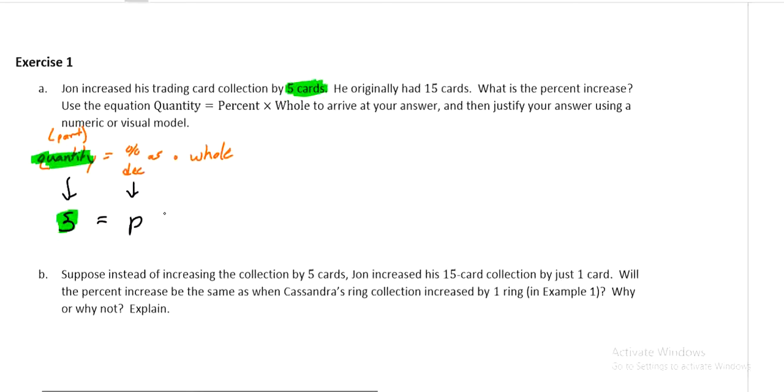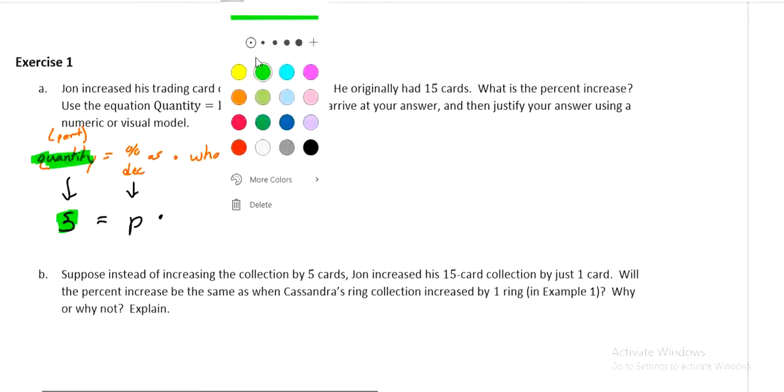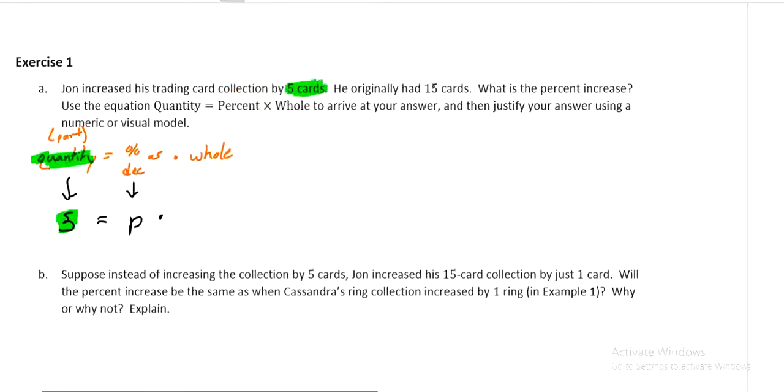So we'll put P times, now the whole is the original whole, meaning how much the collection had to begin with, and that would be 15 cards. There we go. All right, so again, we're kind of back to getting P alone here. That means I would divide by 15 on both sides.